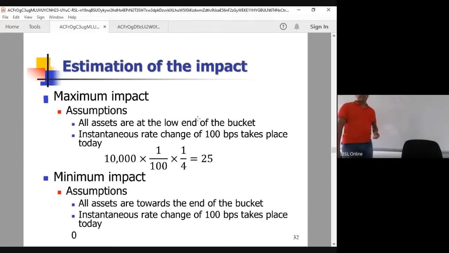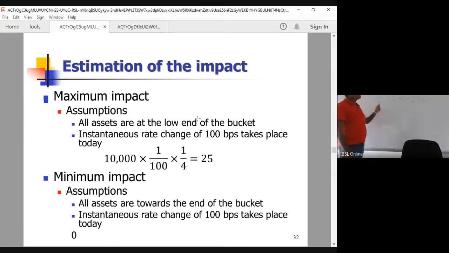Now on the next slide, slide 32, it forgets about this average. It just says, look, for the full period, if all your assets in this case are sitting in the 3-month bucket, on the lower end of the bucket, at the 1-month bucket or before that, a change in 100 basis points will have a 25% impact on your NII.